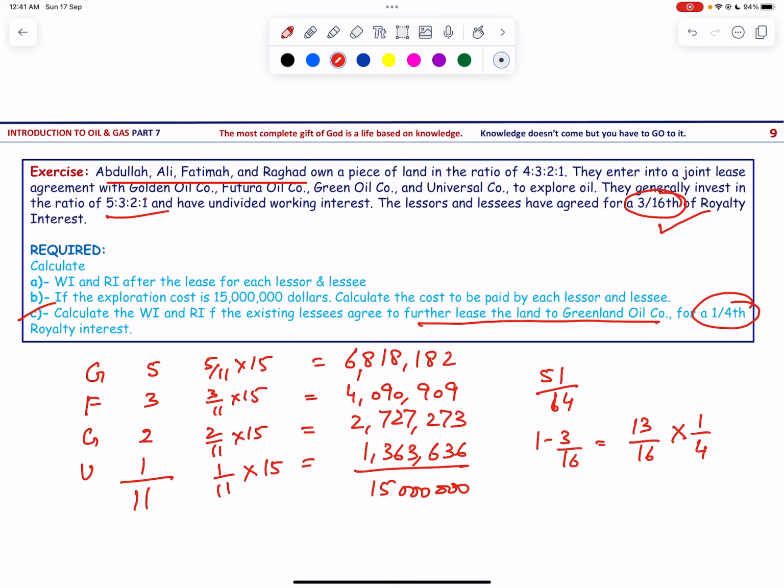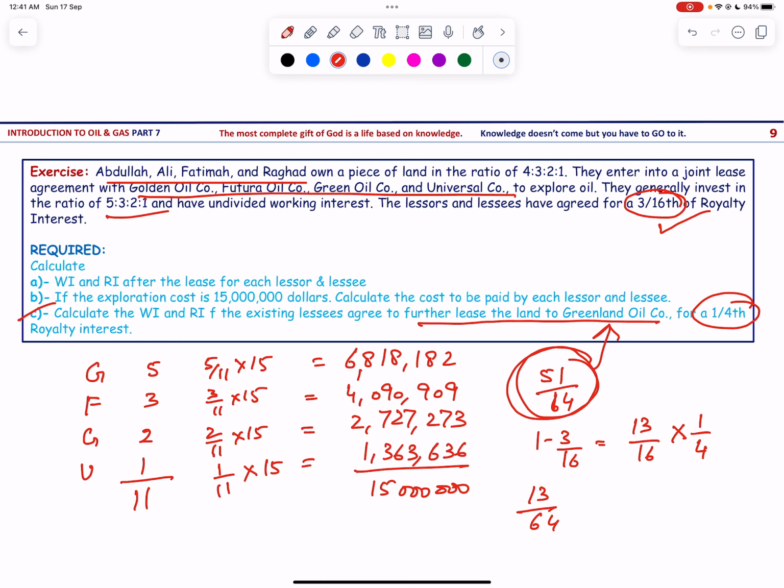So for the four oil companies, Golden, Futura, Green and Universal, the royalty will be 13 upon 64, and the balance, now that will be 51 upon 64. This will be what is left for the Green Oil Company. Okay.